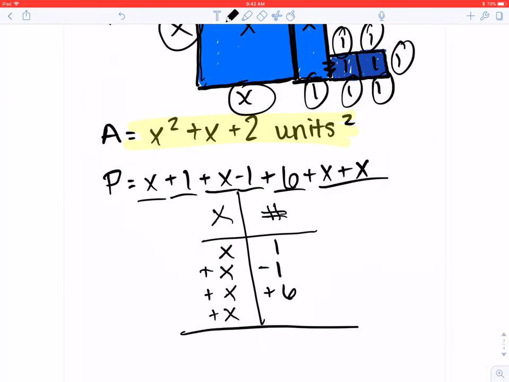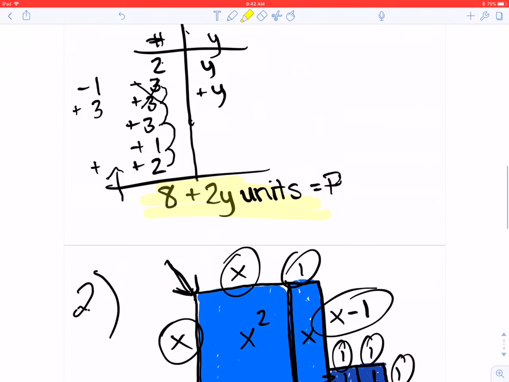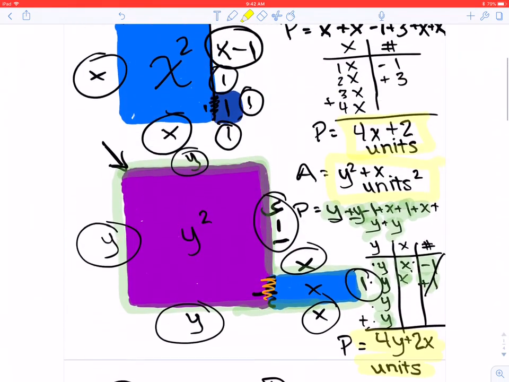Add it all up. 1, 2, 3, 4 x's. 1 minus 1 is 0, so I'm left with positive 6. And that's 4x plus 6 units for our perimeter. And now you are a pro at finding the perimeter of tiles that are combined together. Nice job.